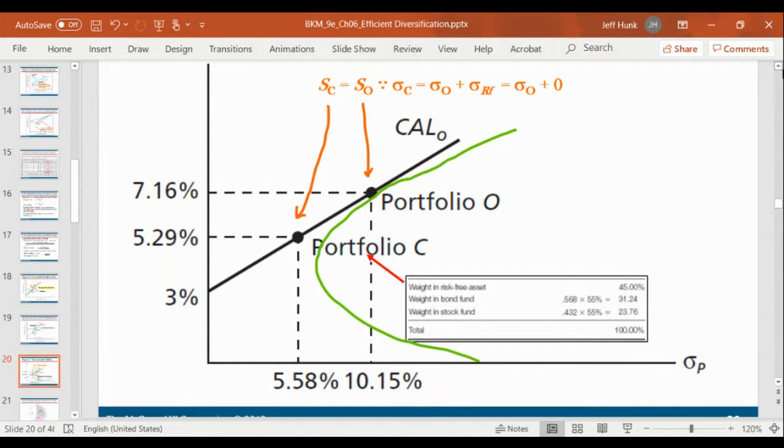When we have the optimal risky portfolio, then we add risk-free assets to make it a complete portfolio, and our complete portfolio will have the same Sharpe ratio as the risky portfolio.